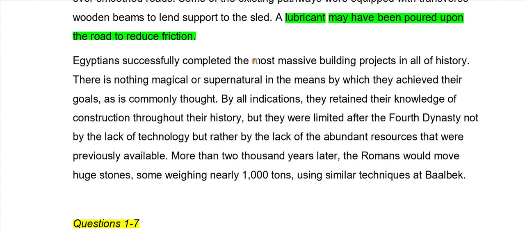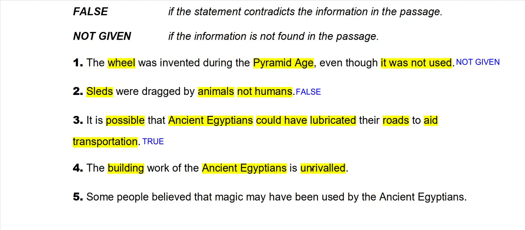Egyptians successfully completed the most massive building projects in all of history. So here they have said the most massive building projects in all of history. The most, basically it's a superlative, meaning to say it is on top in all of history, meaning to say nobody was even close to them. So unrivaled, the thing that doesn't have any rivals, yes. So most, meaning to say nobody was close to that.